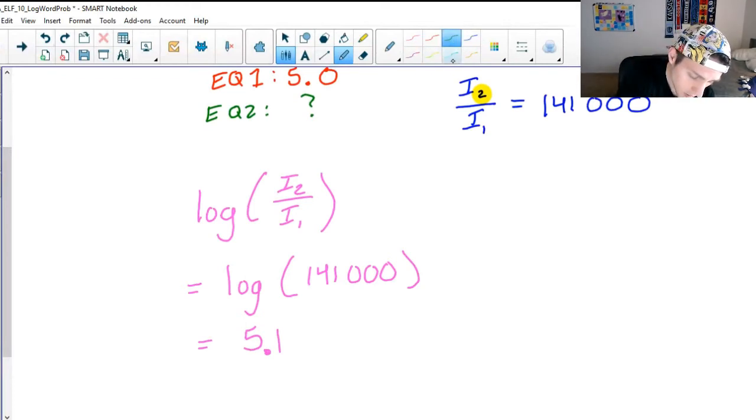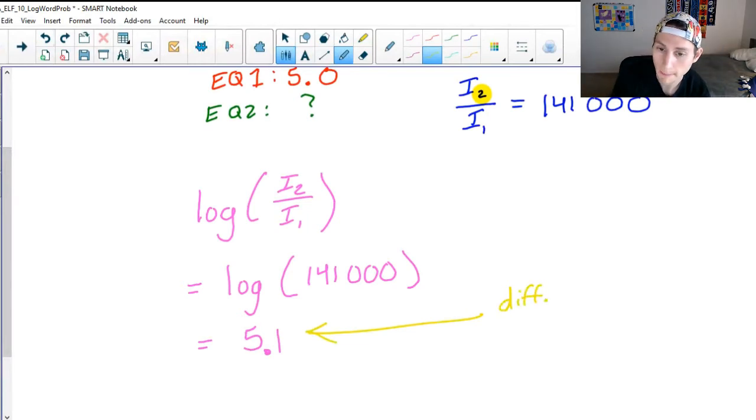But again, let's actually think about what in the world this is. This does not mean our answer is 5.1. What this 5.1 represents is the difference in magnitude between the two earthquakes.